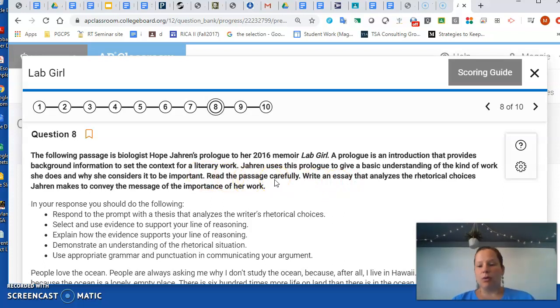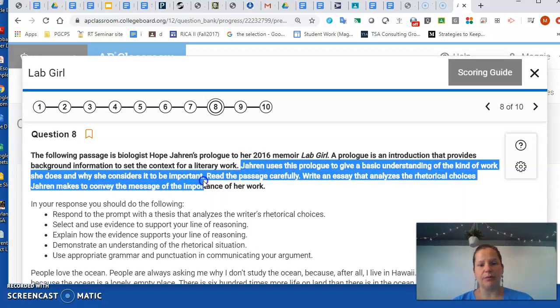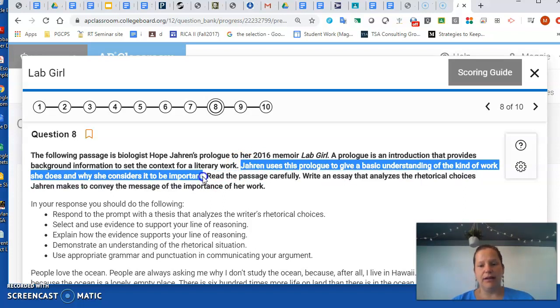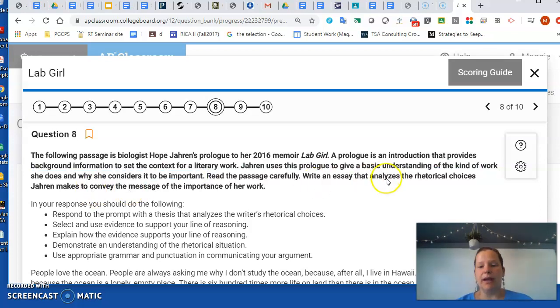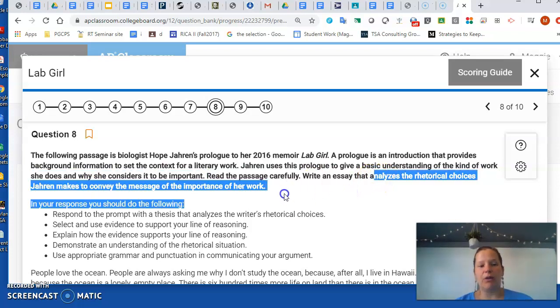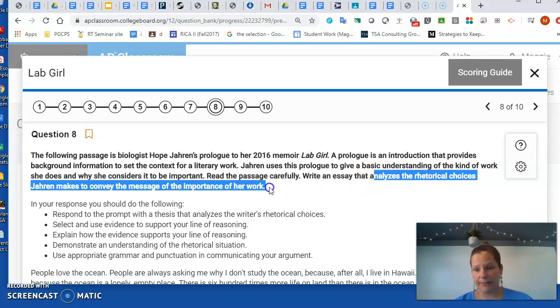We have a prologue here, a prologue from a novel. So they're going to tell you what the prologue does. It gives a basic understanding of the work the author does and why it's important. And they want you to analyze how the author conveys the message that her work is important.